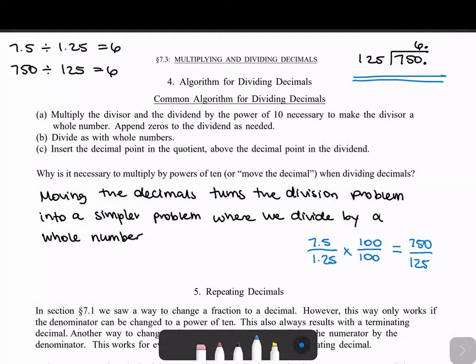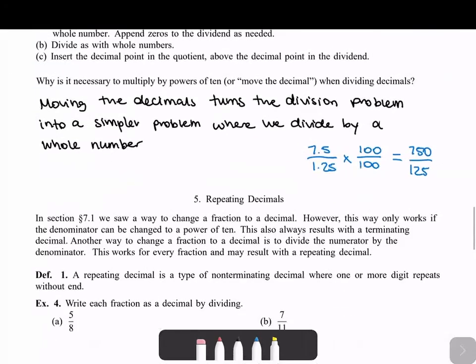We end up just dividing 750 by 125. You can see that division has these tricks where a lot of the time we don't actually do the division problem we're asked to do. We just do an easier problem that has the same answer. Okay, so that is all I'm going to say about division.